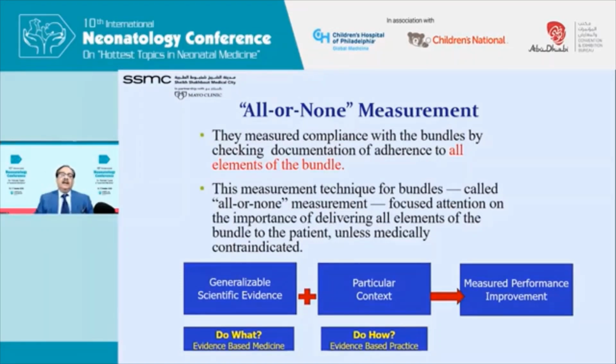Whatever the variables in your bundle, you have to implement all of them, unless there is some medical contraindication. So again, this is the same formula: generalizable scientific evidence, particular context according to your patient, and then you improve by measuring your performance.